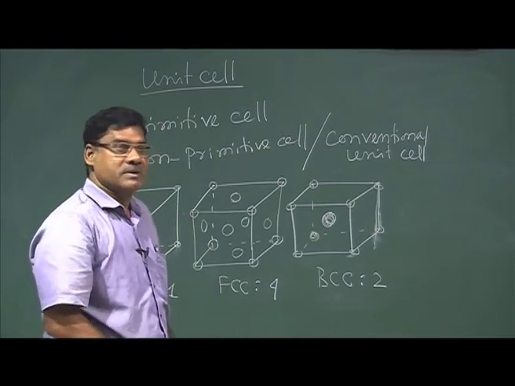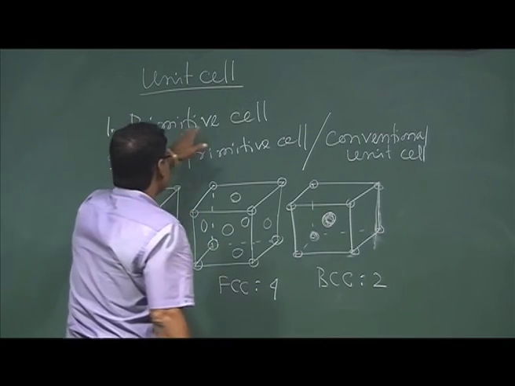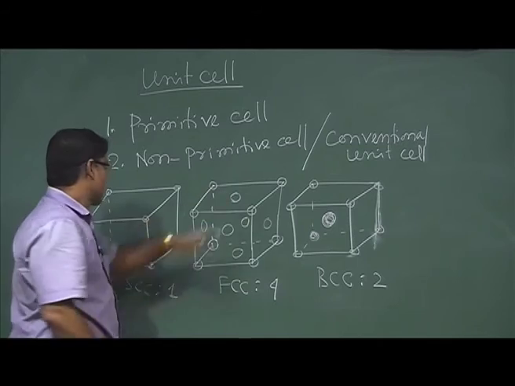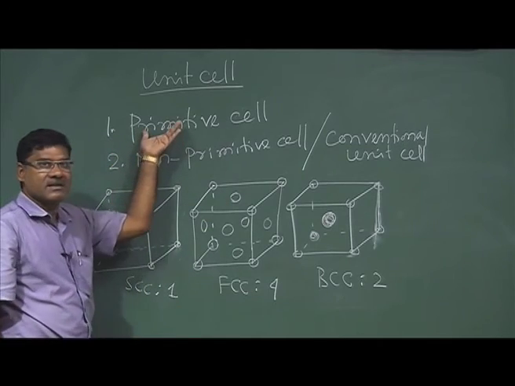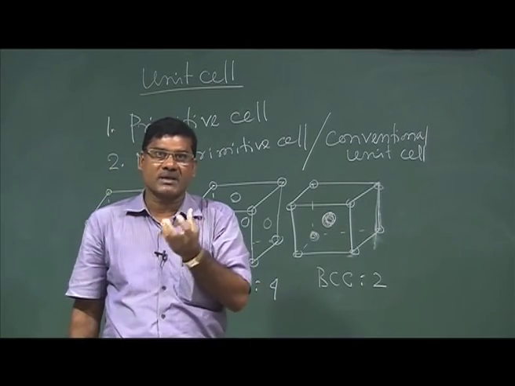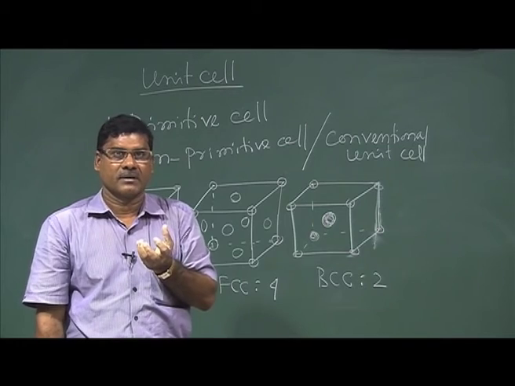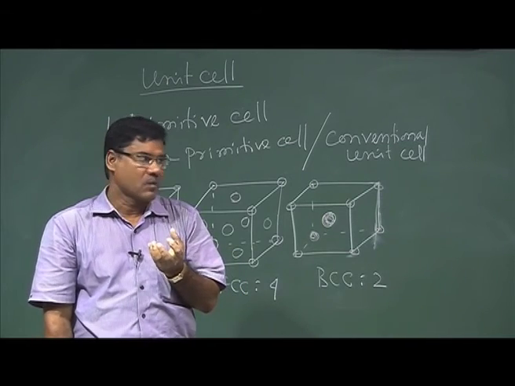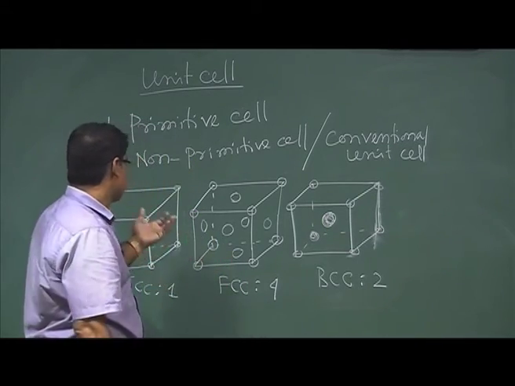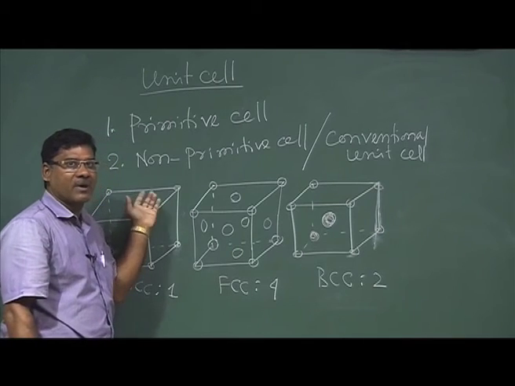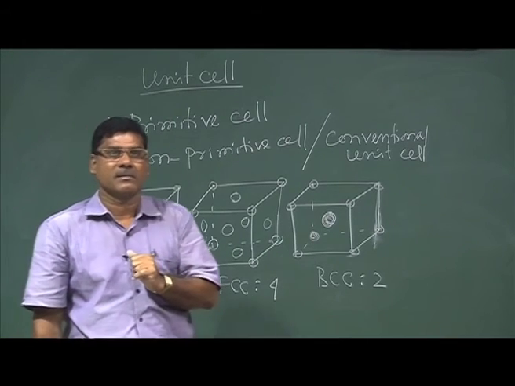So what is a primitive cell and what is a non-primitive cell? A primitive cell is defined as the smallest volume unit cell which has 1 lattice point per unit cell.